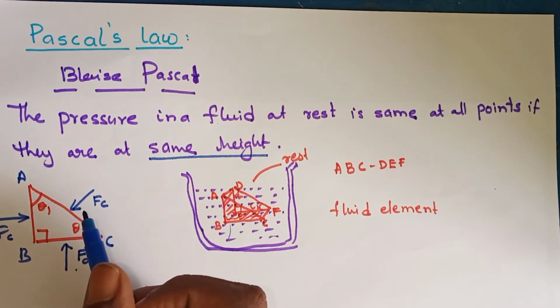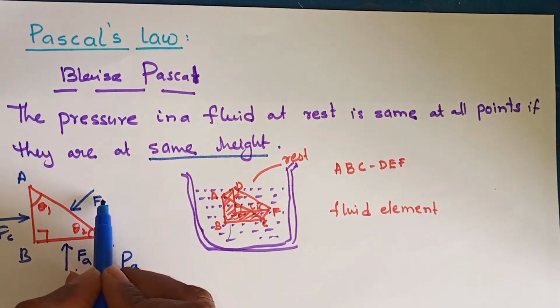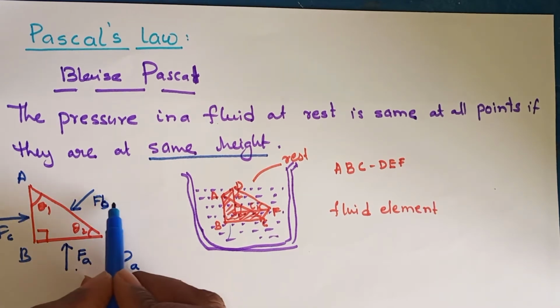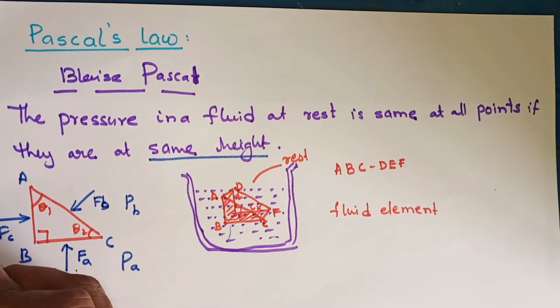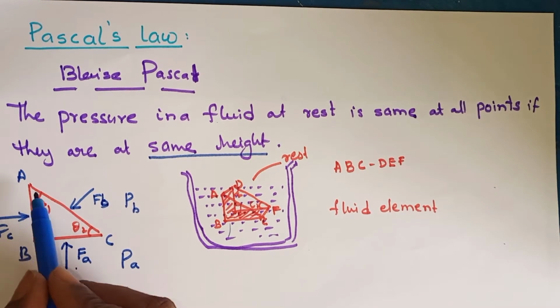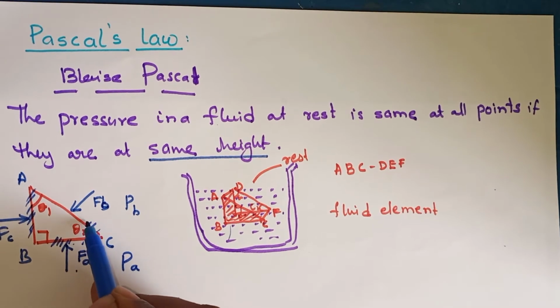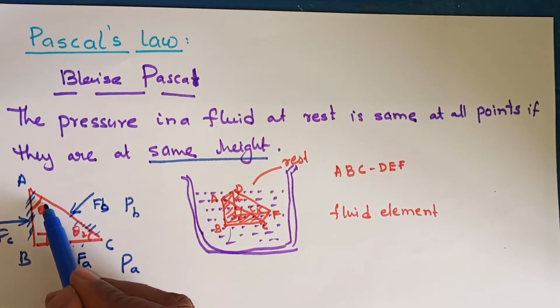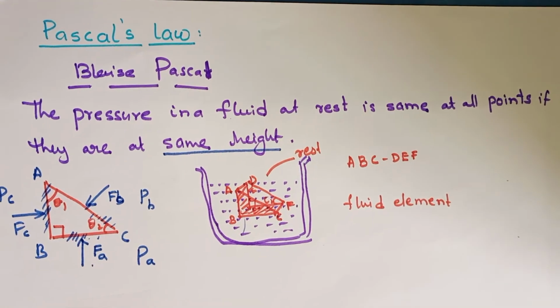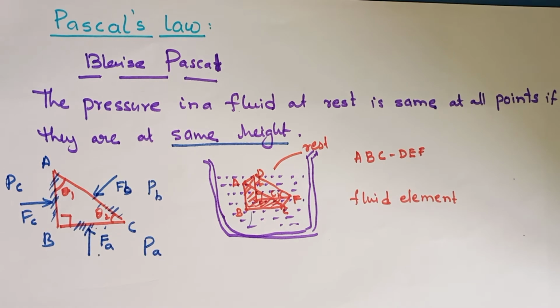Now equal pressures, which are called PA, PB, and PC, are the pressures. Of course, this is the area, this is the area, and this is the area of the element.